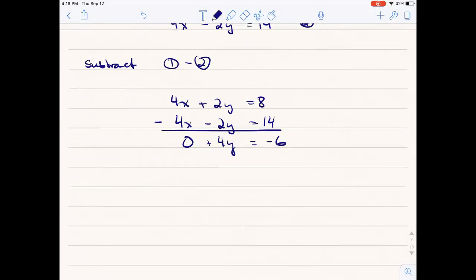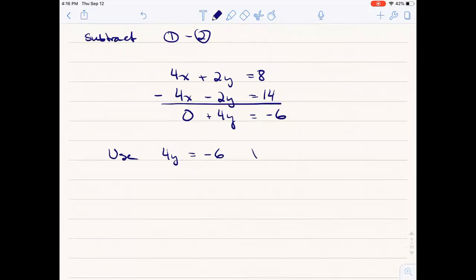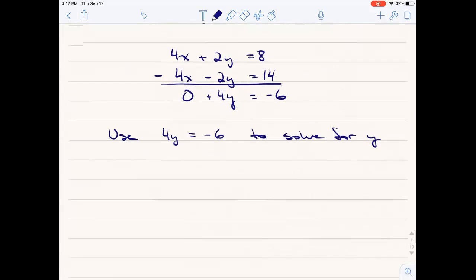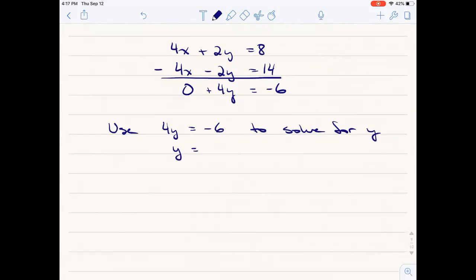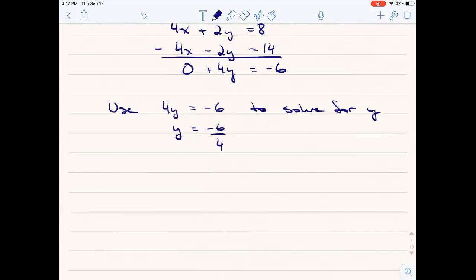From here, use 4y equals negative 6 to solve for y. So y is negative 6 over 4, which is y equals negative 1.5, the same as we found earlier, so that's a good thing.